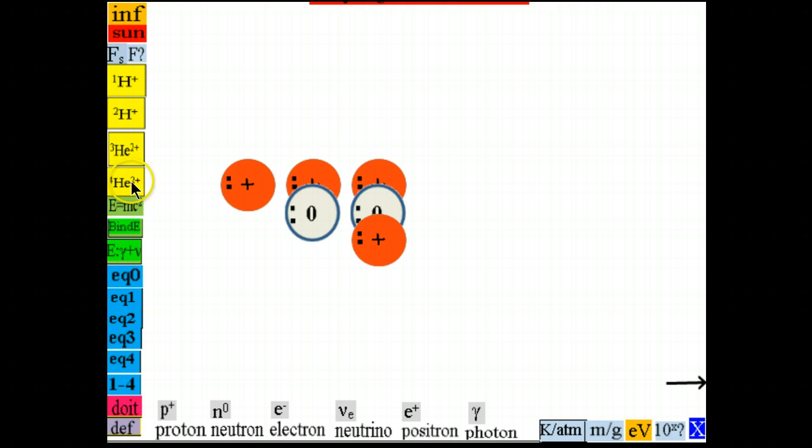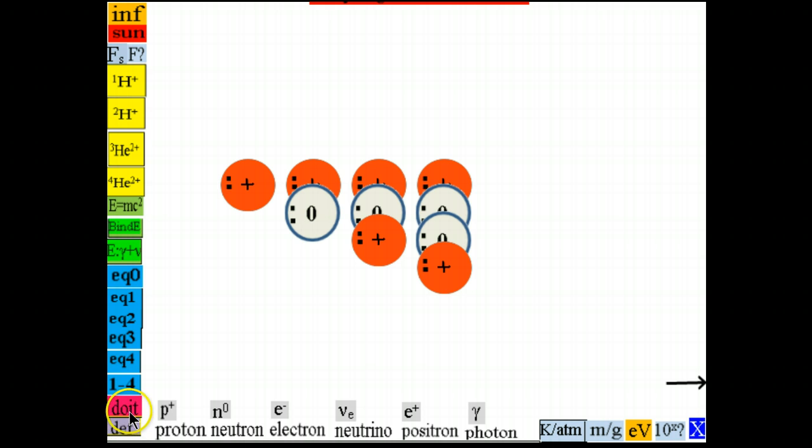So now let us see what it would be for helium 4. That means it has 4 subatomic particles in its nucleus, and of course 2 have to be protons because it is helium, but now it has 2 neutrons.